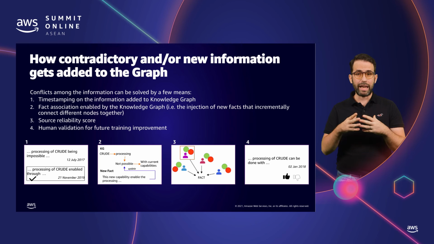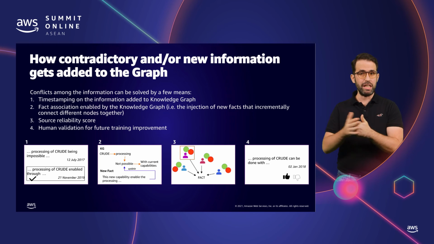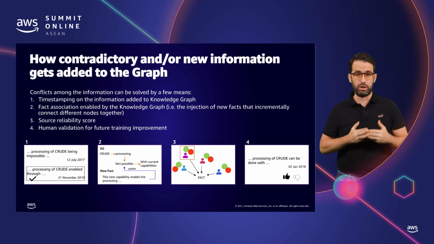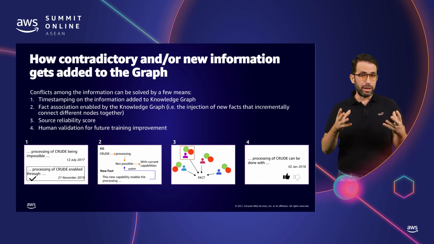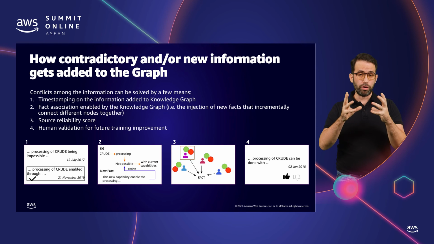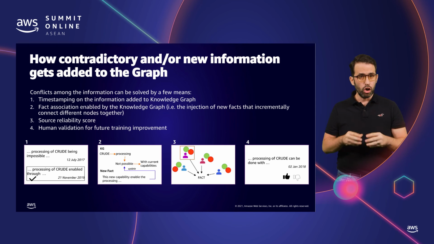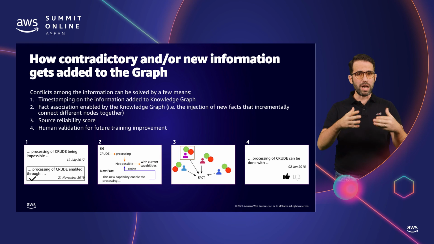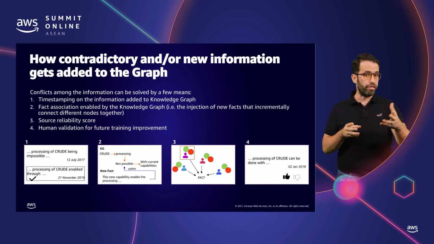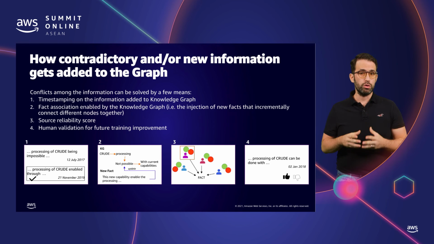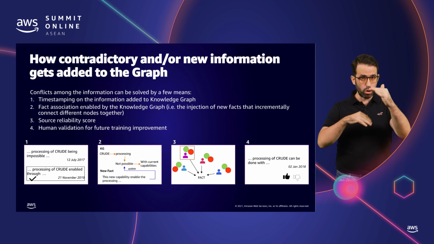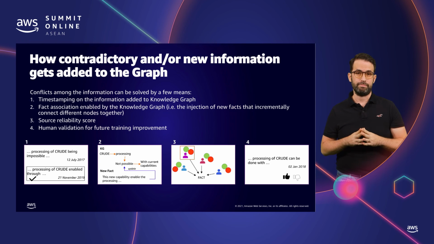Second, by looking at the existing fact and how a new fact can alter an existing property or relationship, and then updating or creating a new relationship between nodes. Third, by calculating some sort of reliability score for the different sources providing information, to rank the facts based on who has provided them. Or finally, by enabling the user to give direct feedback through the UI, a thumbs up, a thumbs down, or a ranking of the information.